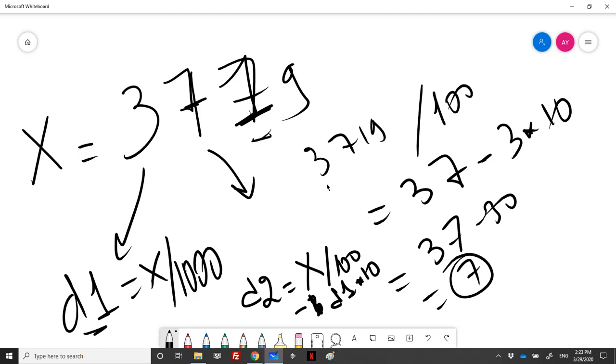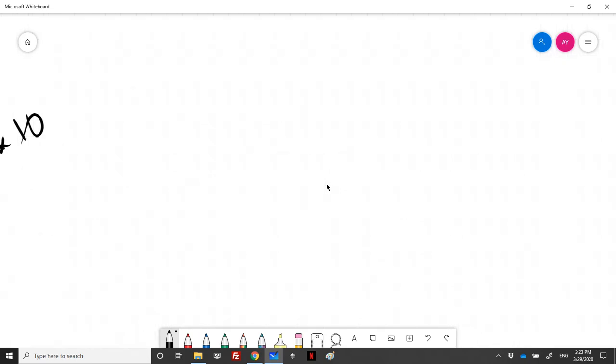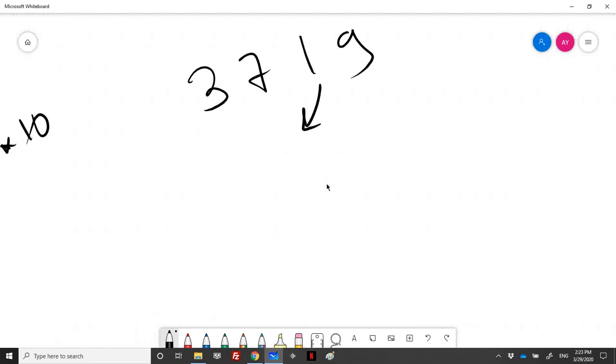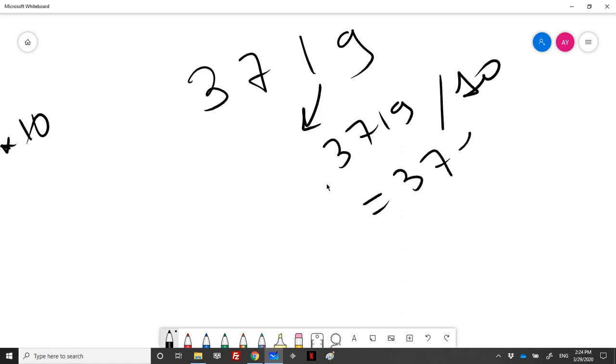How can I get 1 here? Again, 3719. I need to get this. If I divide the number by 10, I will get 371. Let's say that I want the number 1. I will call it D3.